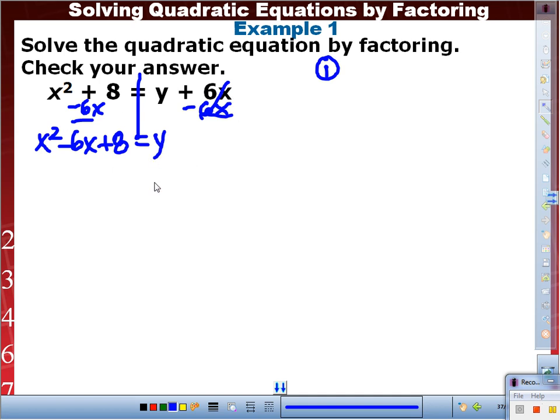What I just did right here gives me 2 things that need to be true for step 1. 2 things. Think about it. What 2 things need to be true because of the step that I just did for step 1? What 2 things are true so far? Talk it over with your neighbor. What 2 things need to be true?